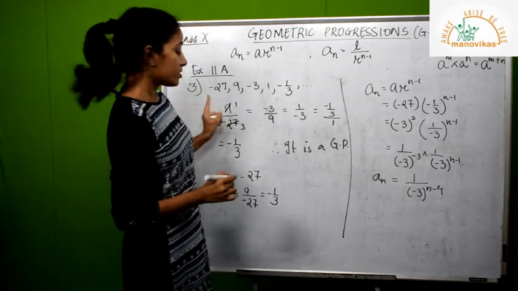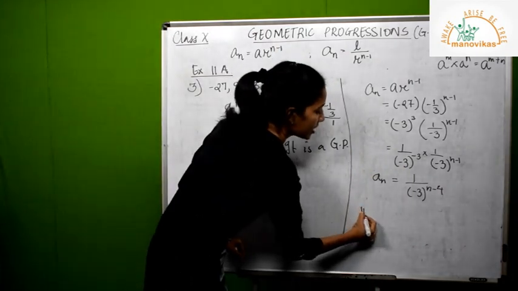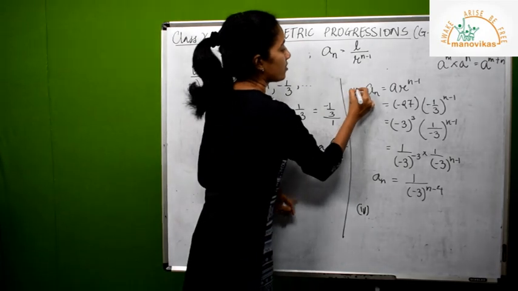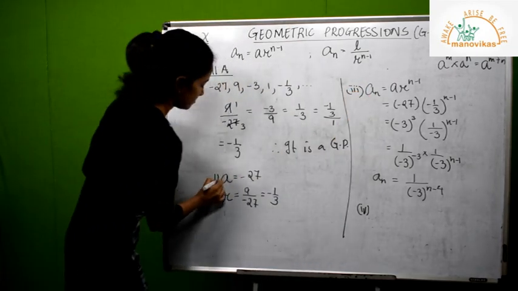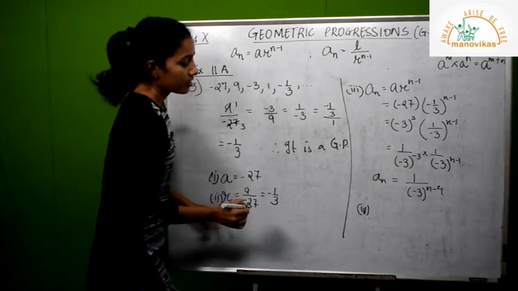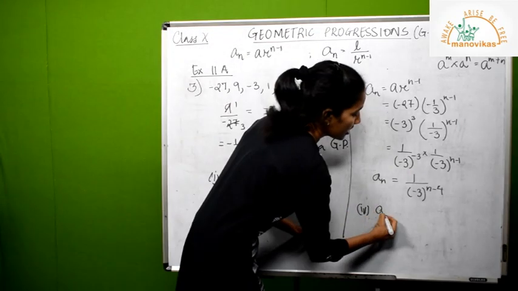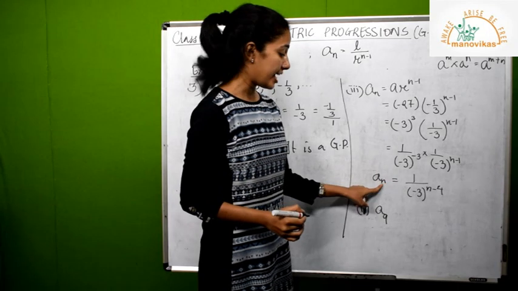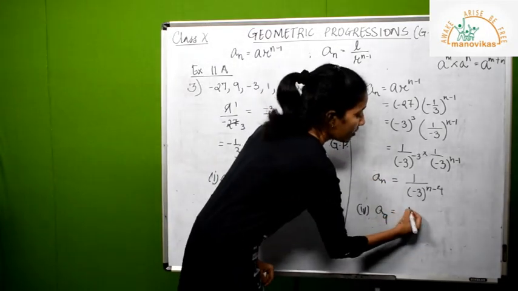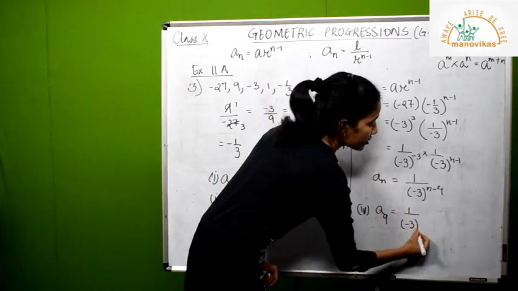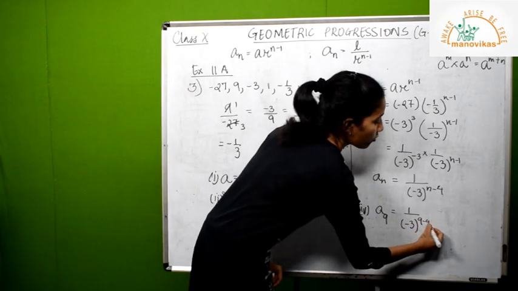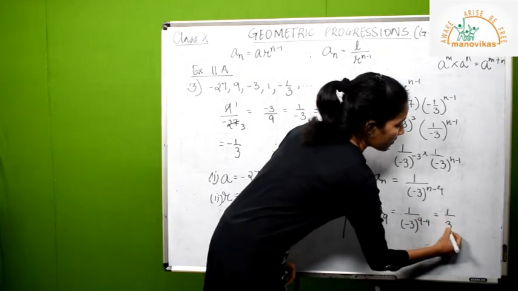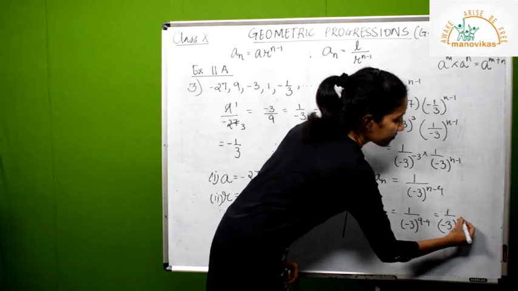The final part of this question is to calculate the ninth term. So in this nth term I will be replacing n by 9. So I have 1 upon minus 3 raised to 9 minus 4, which is 1 upon minus 3 raised to 5.